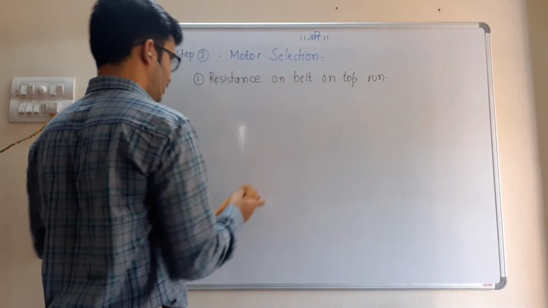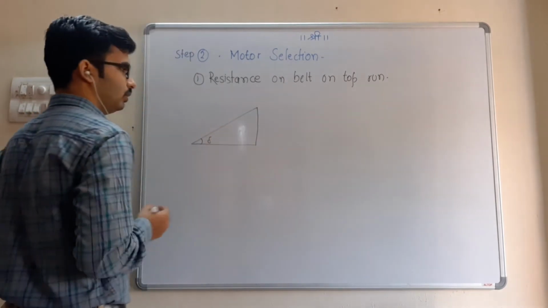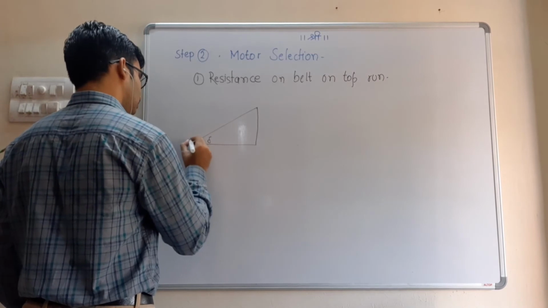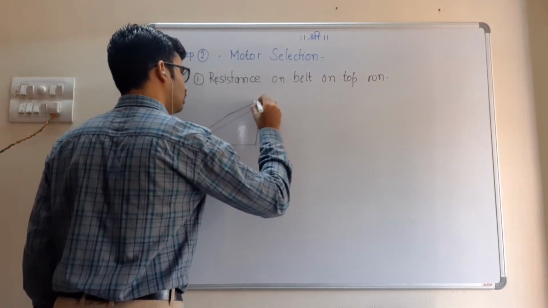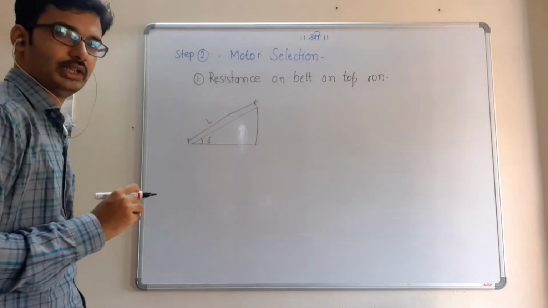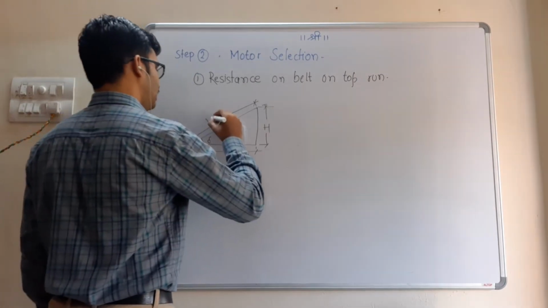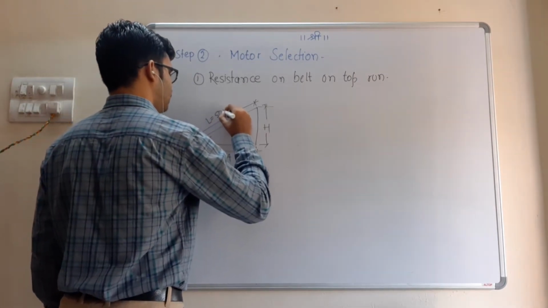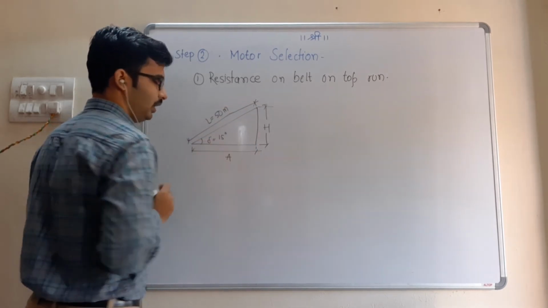How to calculate H? H can be calculated from the Pythagoras theorem, because this distance is nothing but your L, that is center to center distance between two drums. So here L is given to us as 50 meters and delta is given as 15 degree.